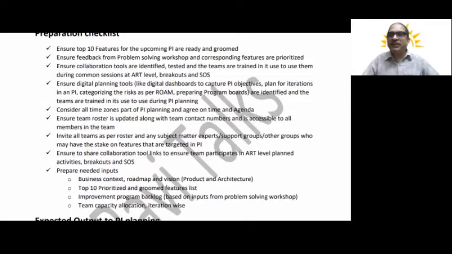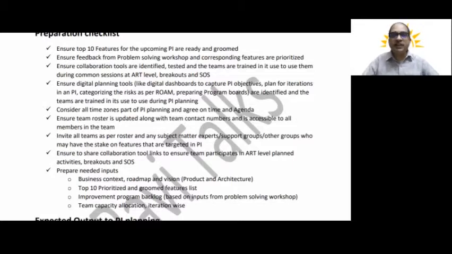And the most important thing one should not miss is how you will manage your program board. There are different tools. Again, I'm not passing the message that unless you use some tools, especially for PI planning, to prepare the program board and everything, we cannot conduct PI planning. That's not my message.